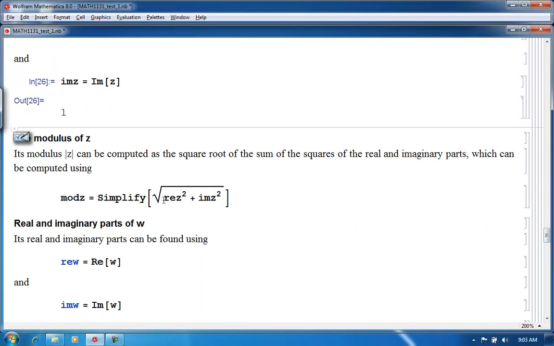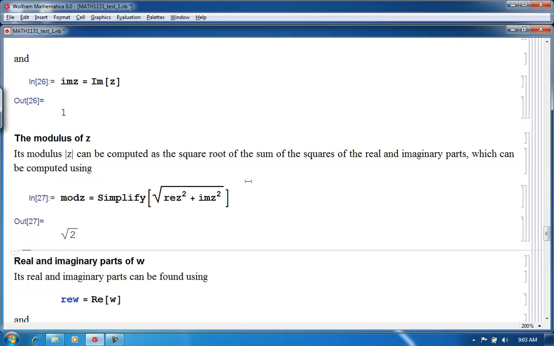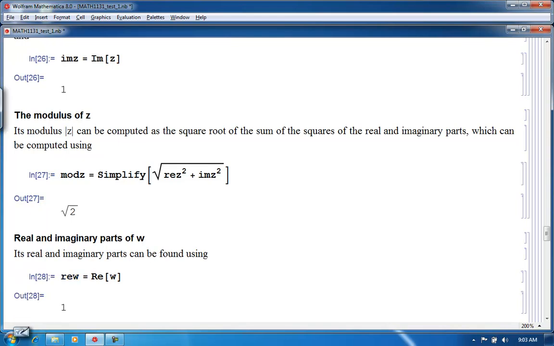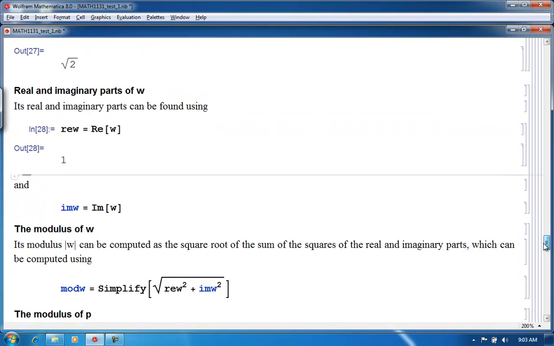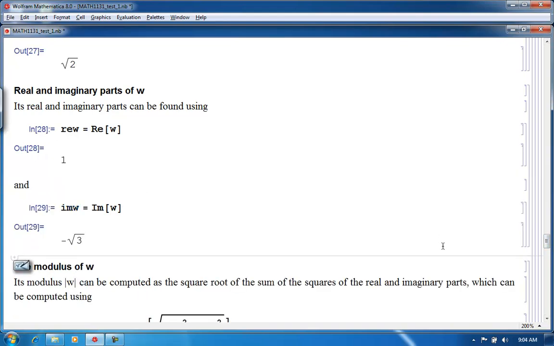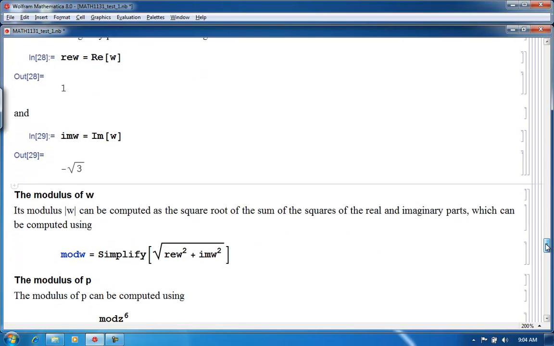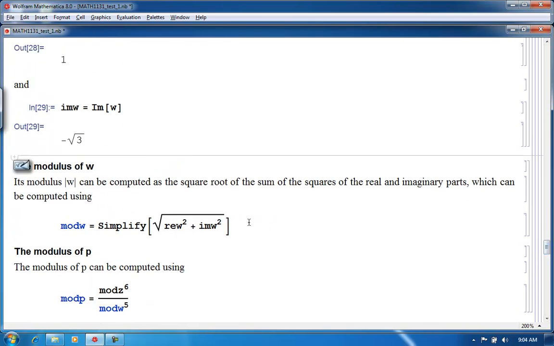So it's the square root of the sum of the squares of the real and imaginary parts, which in this case is root 2. And now we do the same thing for w. So we compute its real part, 1, and its imaginary part using this, minus the square root of 3. And we can calculate the modulus of w, which is this.